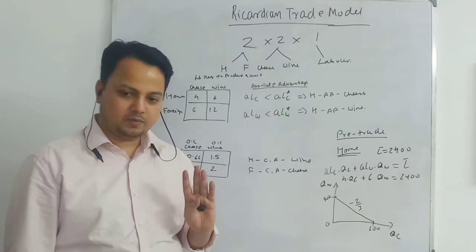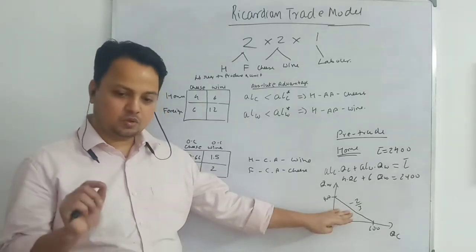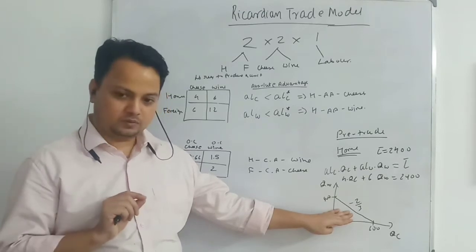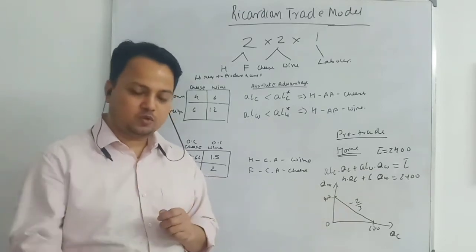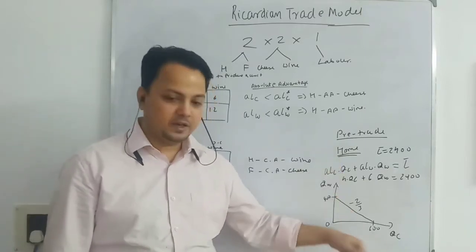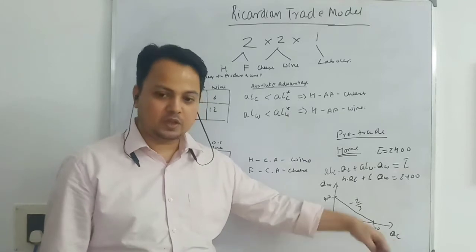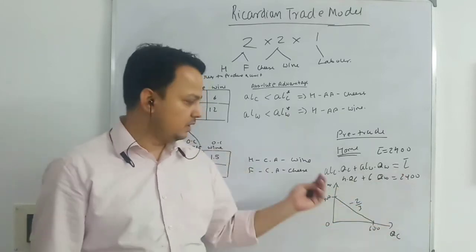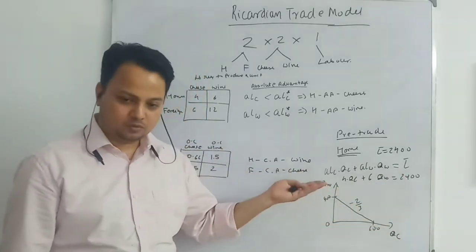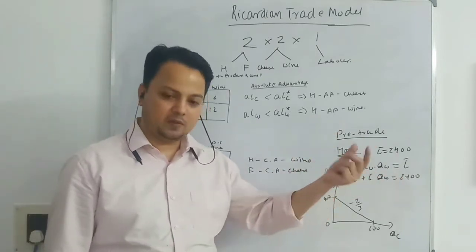The production possibility frontier shows what an economy can produce, but what will actually be produced will depend on where workers are moving. If the price of cheese is more, workers will move to cheese production because they will be getting higher wages. If the price of wine is more, workers will be moving to the wine sector because they will be getting higher wages.